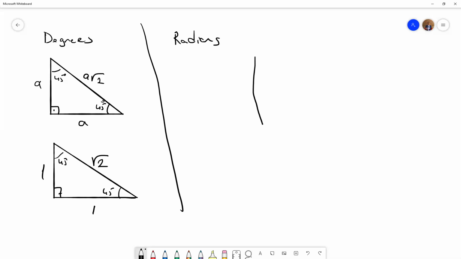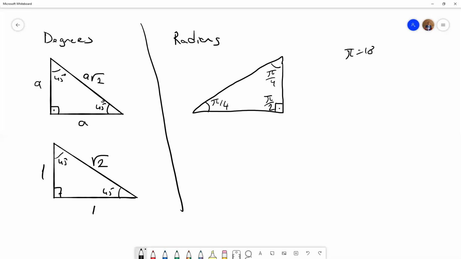And on the other side, now this one is P over 2, and this one is P over 4, and this one is P over 4. You know P is equal to 180, so P over 2 is equal to 90, and P over 4 is equal to 45 degrees.